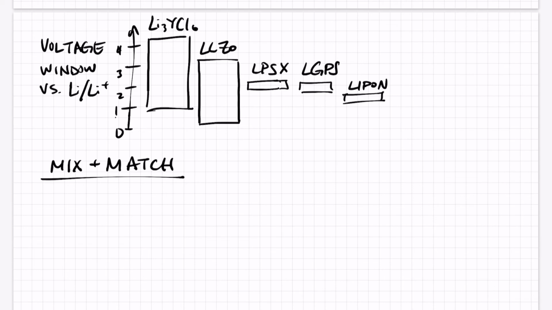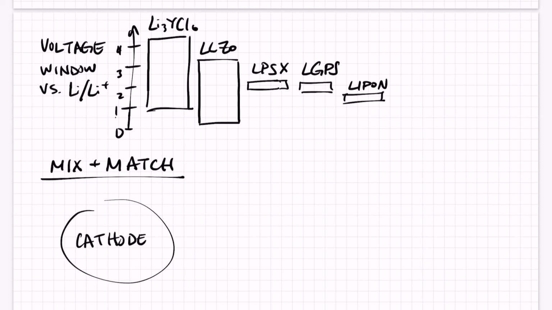You could also mix and match by coating the cathode. If you have cathode particles that are oxide based, let's say NMC or NCA, and you put it directly next to a sulfide-based electrolyte, there's going to be induced decomposition. You can try to buffer that a little bit.